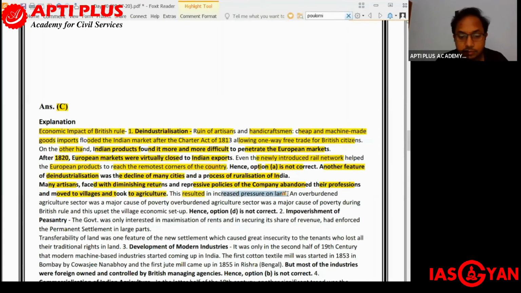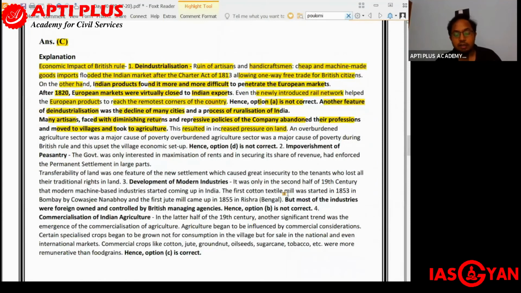This resulted in increased pressure on land because now more and more people were moving onto the land, onto the rural areas. This was creating much higher pressure on the land.